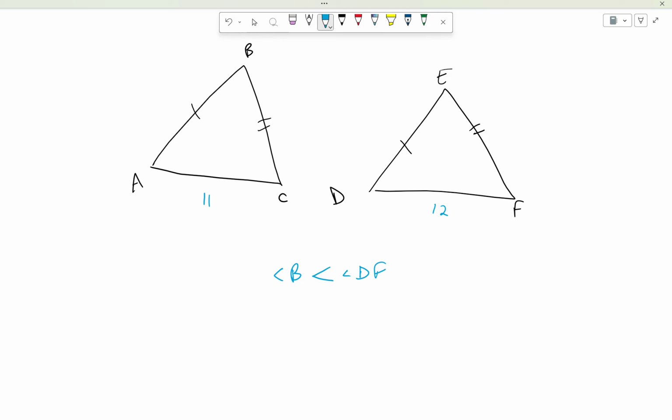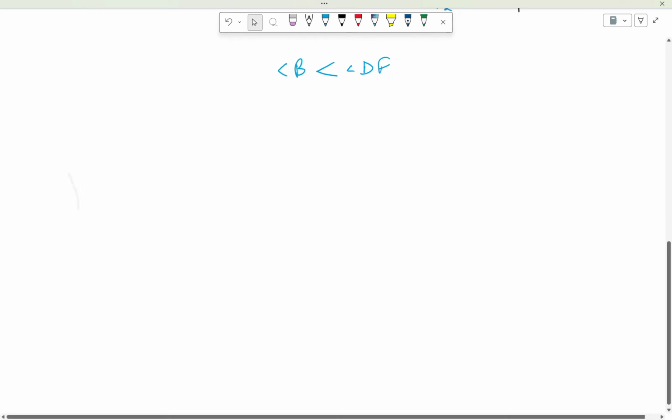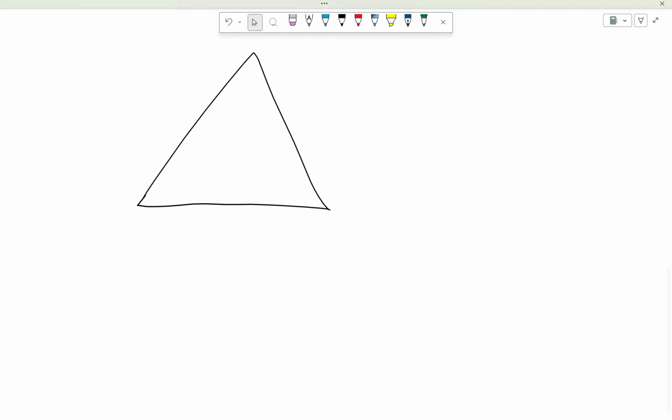All right, so last but not least, we have a proof to complete. This is an actual direct proof, a two-column proof, back to the tradition of what we have done previously. So we have triangle ABC, and then we have this point D on here, okay? The only thing that we're given here is that AB and BC are congruent.